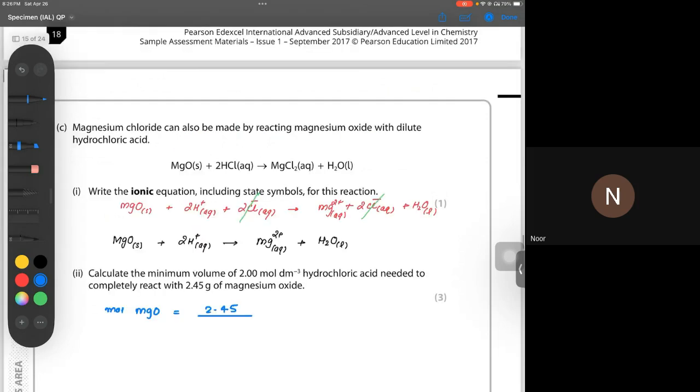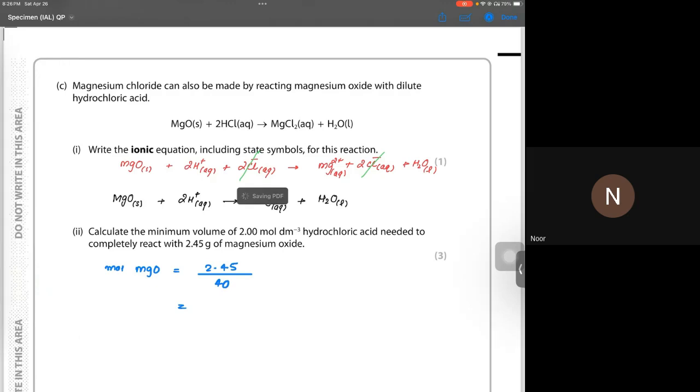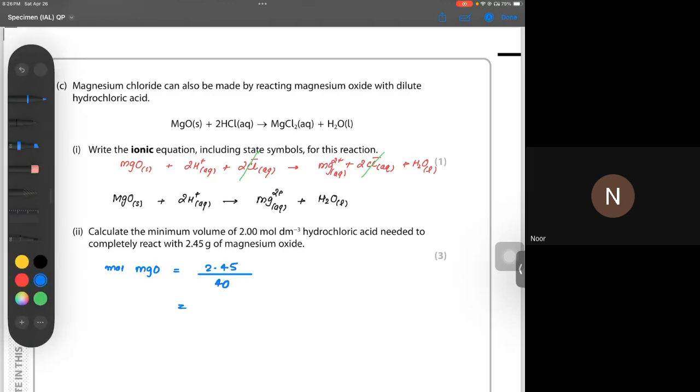What's the molecular mass of magnesium oxide? And then what's the answer of mole? 0.061.